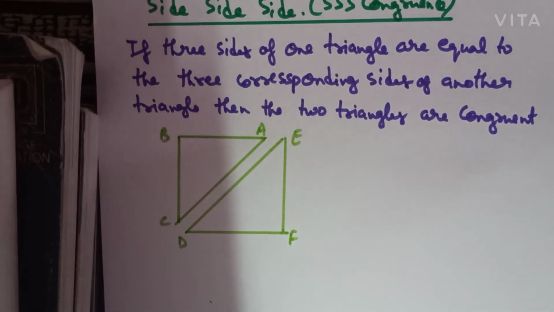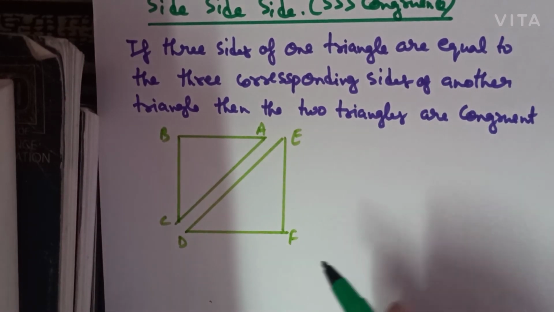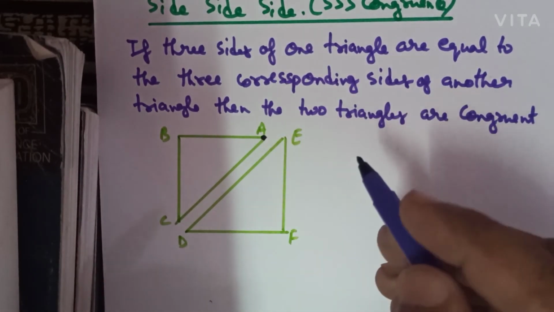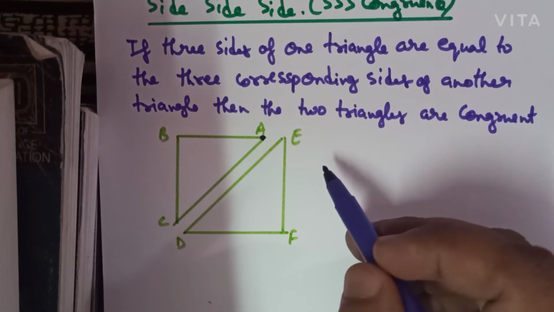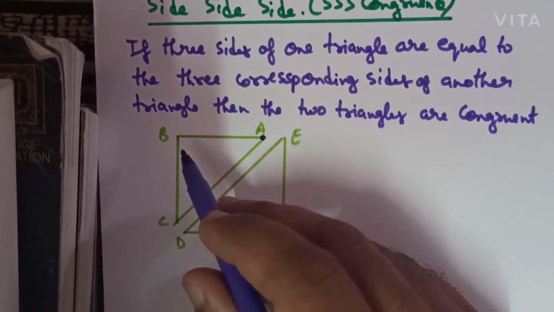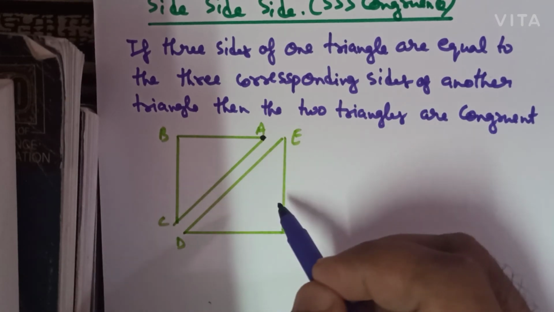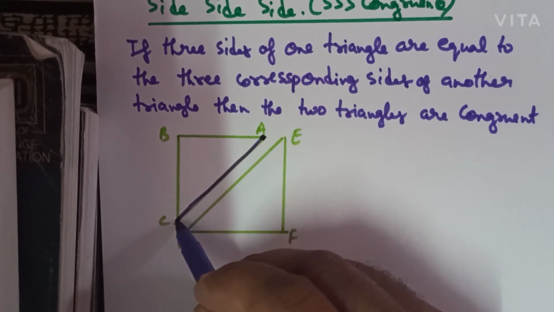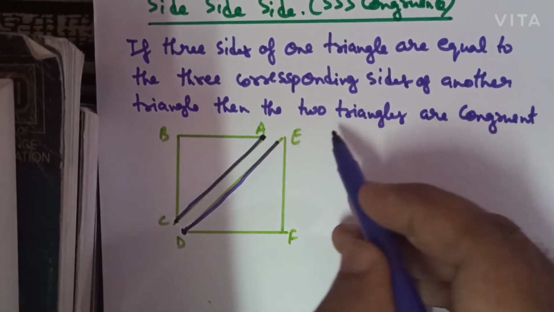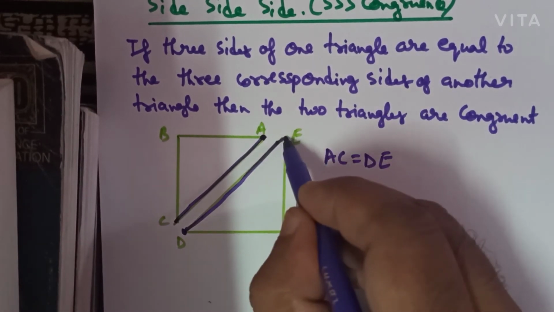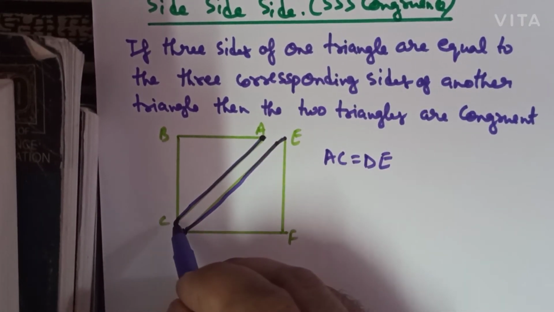Like here, let's say we are starting from vertex A, and here we are starting from vertex D. So AC and DE are equal. Given AC equals DE, and then from A we have moved to point C.